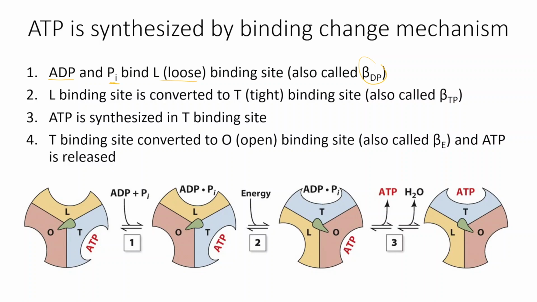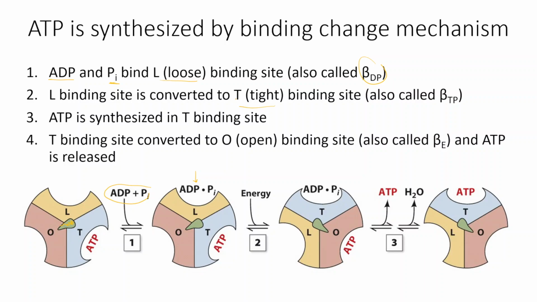And so when that ADP and inorganic phosphate enter into the loose subunit, meanwhile, this passage of protons through the C ring is going to be causing this change in conformation, this rotation of this central portion, which is our gamma portion, which is going to help drive this conformation of our subunit that we're looking at on top. So we have this change now from L, which is loose, into T, which is tight.